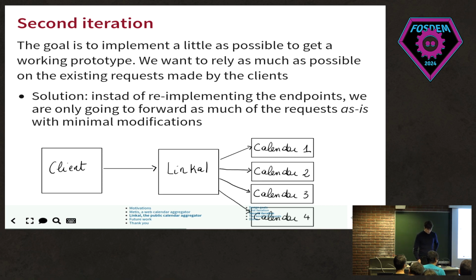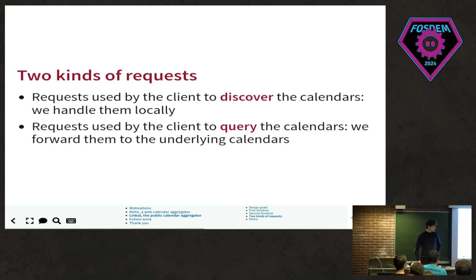Okay, so if we start to go into the depth of the subject, we have two kinds of requests that we need to handle. The first kind is requests that the client is going to send us to discover the calendars that are inside the collection. This is the part we have to implement ourselves, because we cannot forward this request to the underlying calendars.